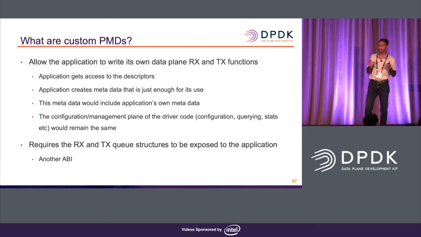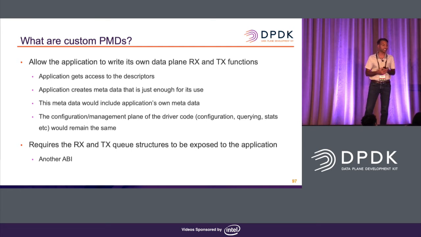So the application gets access to the descriptors directly. It creates the metadata that is just enough for its use, which means that the custom metadata and the application metadata can be compressed into a smaller number of cache lines.